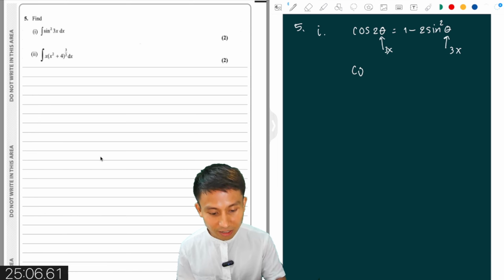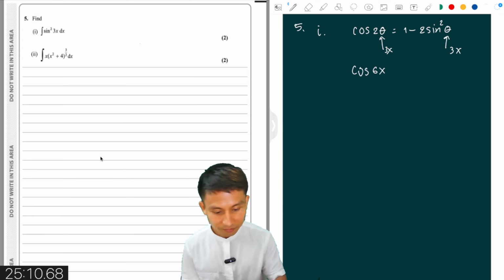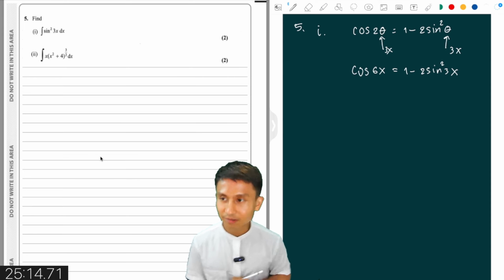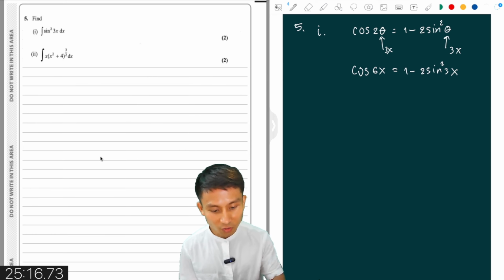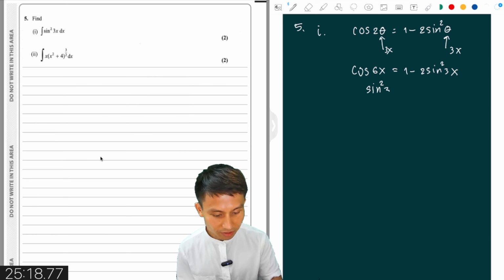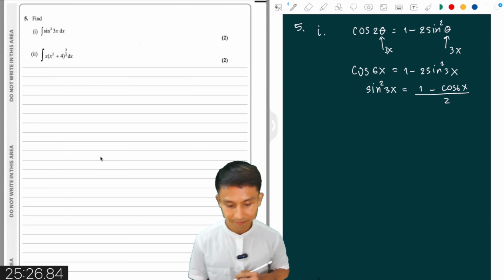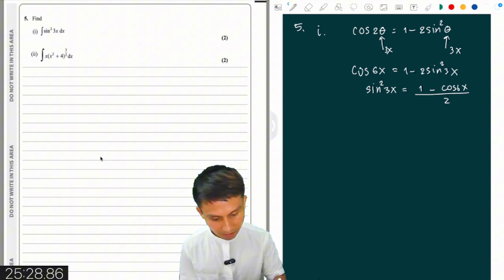So our double angle would have been 6x instead on the left part. And this will be the thing you want. You got the thing you want. So if you rearrange to make that the subject, to make it clear, you would have that. Just rearranging. How about split?